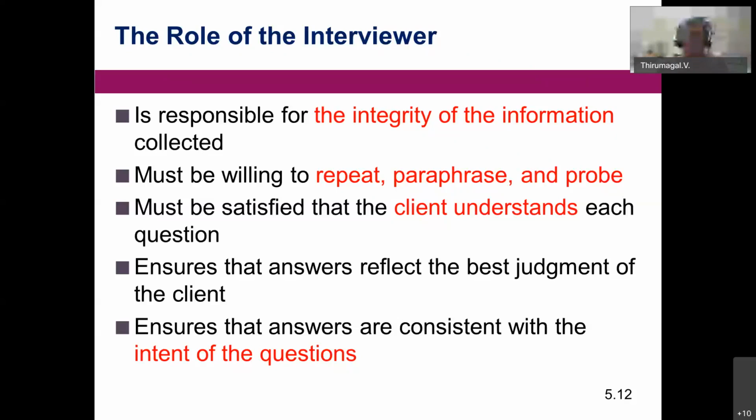Suppose you are completing the medical history, physical health history, and the client says, I was admitted with a psychiatric problem. The psychiatric problem belongs to the mental health section. So you tell the client, okay, I will be asking questions about your mental health in a later section. I will make a note of it.